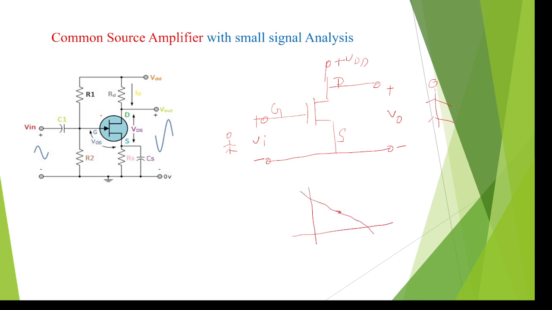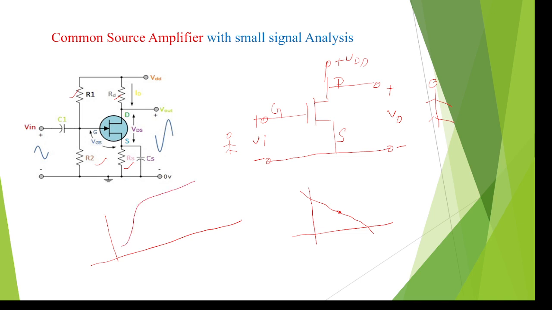By using the biasing resistors R1 and RD and R2 and RS, we can get the output without any distortion while giving the supply. Every amplifier has a particular frequency range to amplify the signal.